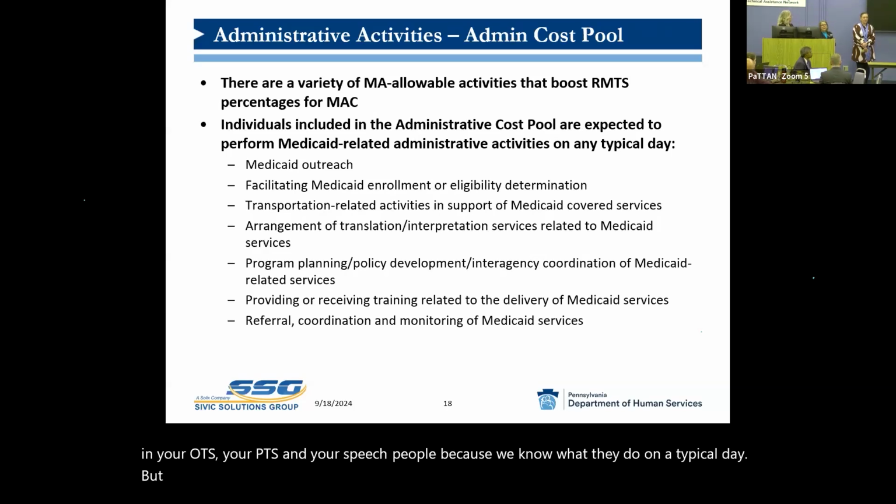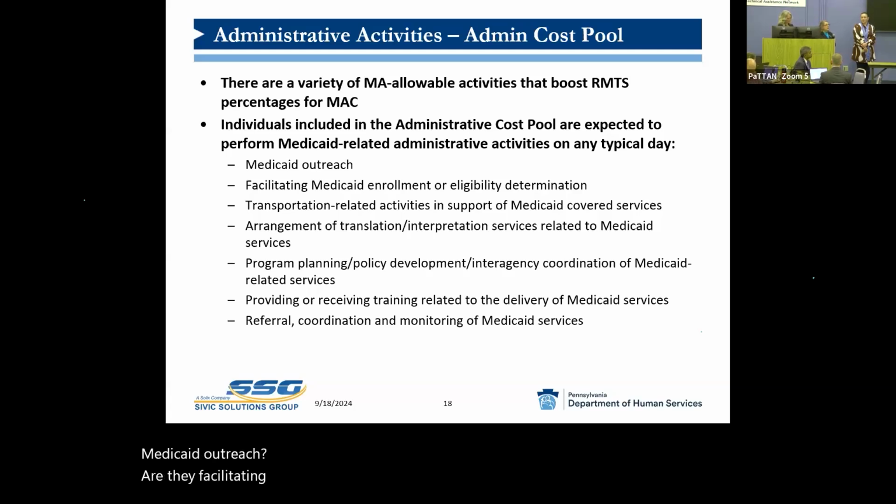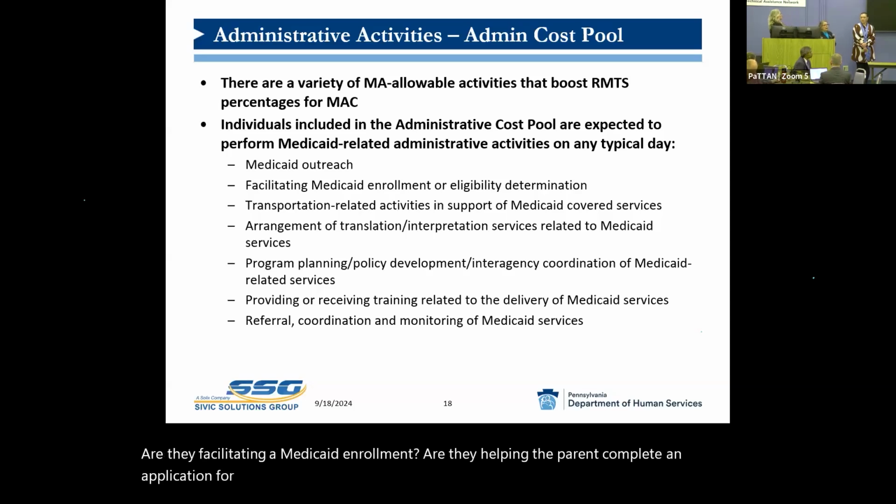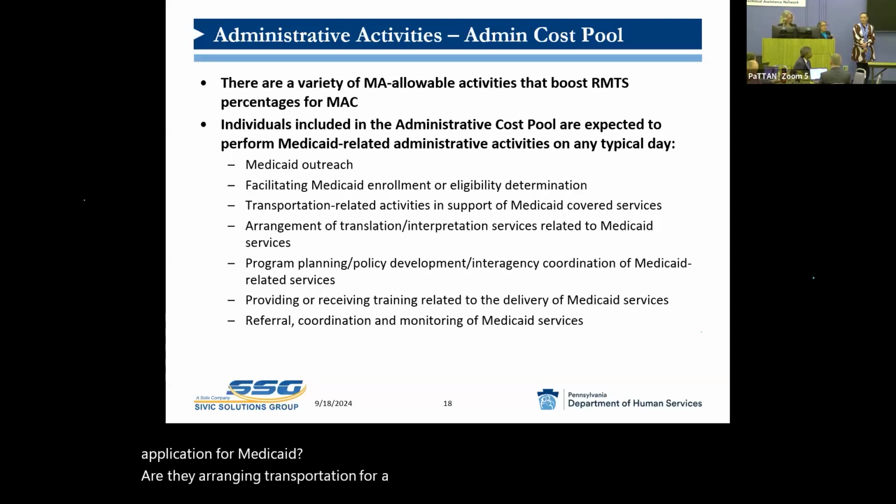But when you start throwing in your administrative people, you have to look at, are they doing Medicaid outreach? Are they facilitating a Medicaid enrollment? Are they helping the parent complete an application for Medicaid? Are they arranging transportation for a Medicaid eligible student? Are they arranging for interpretation?